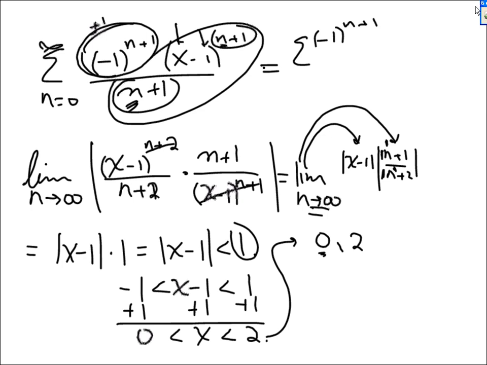We got that from right there. And now we have the same thing again. Negative 1 to the n plus 1 over n plus 1. And n goes from 0 to infinity. Okay, let me erase most of this.